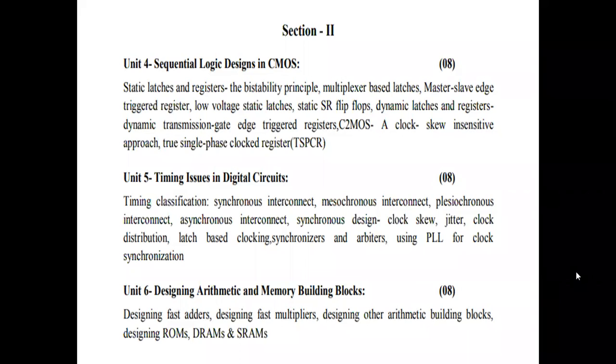Now unit number 5 is the timing issues in digital circuits. So all of you know, whenever we talk about any circuit, that may be an analog one or a digital one, every circuit has some delays to transfer input towards the output, right? The signal has to go through different modules and different electronic components.